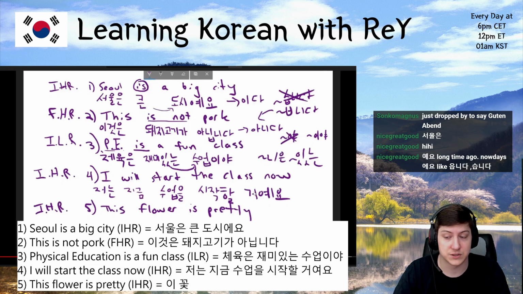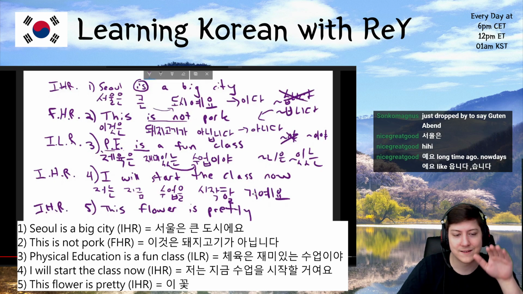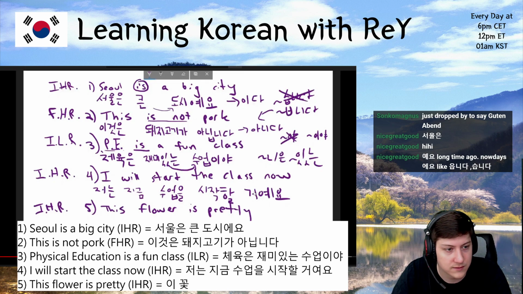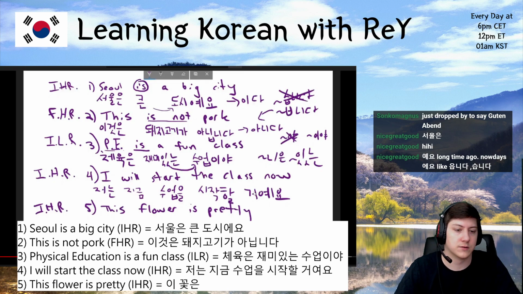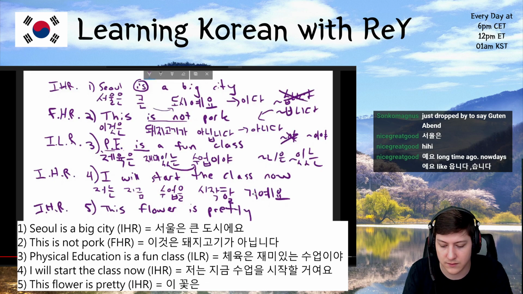E got is the subject of the sentence, so we need a subject particle. It ends in a consonant, so we need "i." So it is egochi. And now we need pretty, which is your beda, I think.